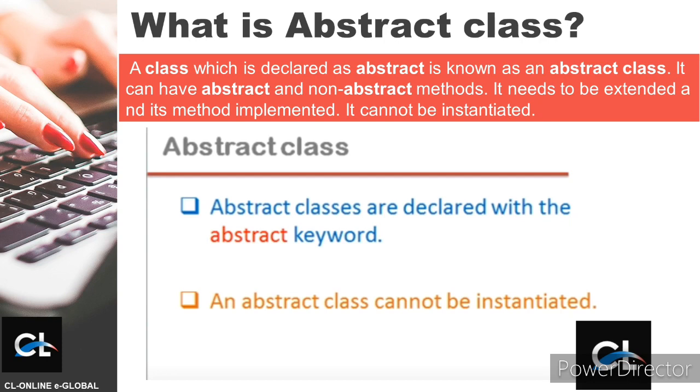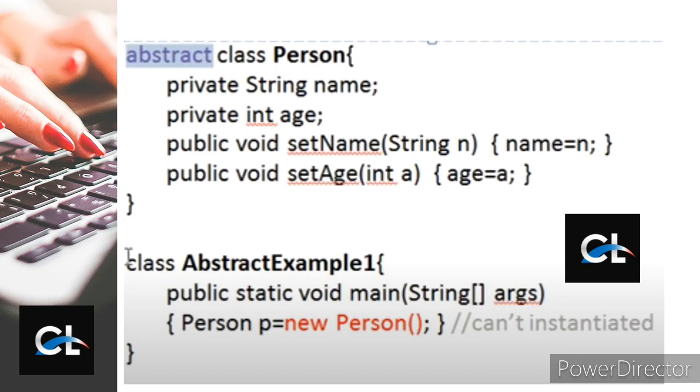If I want to create any abstract class, then we need to follow these procedures. Suppose person is a class, and under this person we have few data members like string name, string age, and we create two methods there, which is public void set name, argument is string n, and public void set age, where argument is int n.